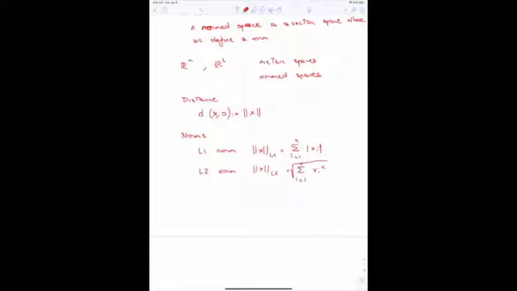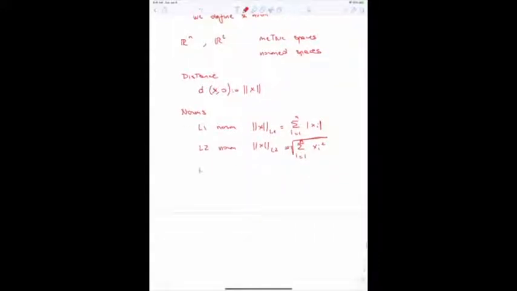We also have the L infinity norm, which is the maximum for i that goes from 1 to n of the absolute value of xi.